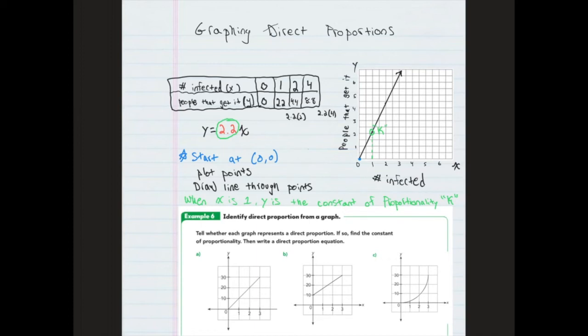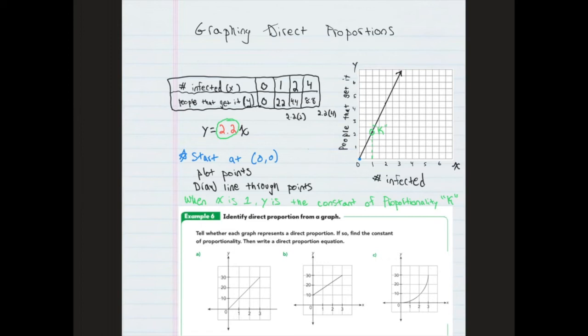So whenever you're asked to give an equation based on a graph, all you have to do is look at where 1 is and what the y value is, and that'll tell you what the value for k is.